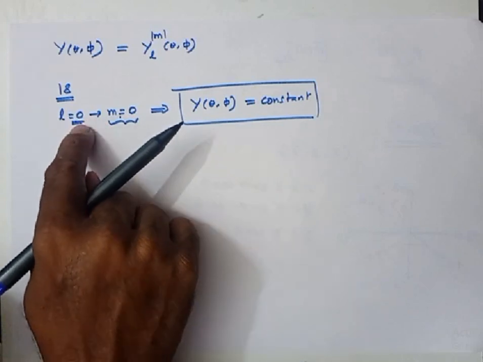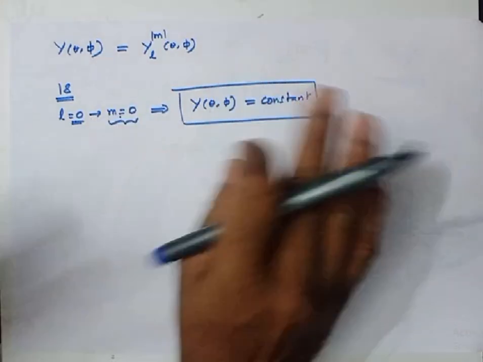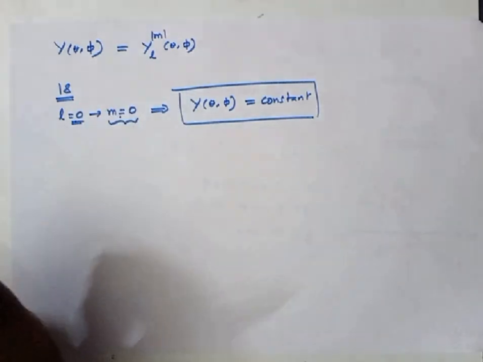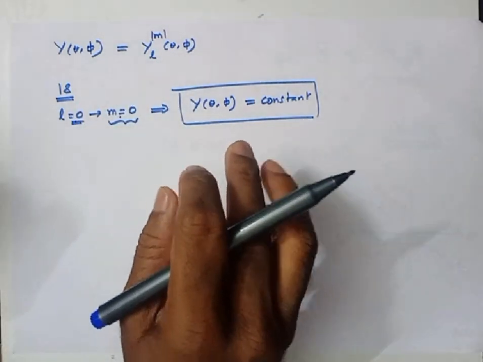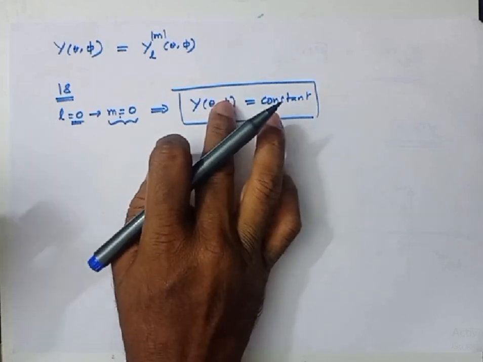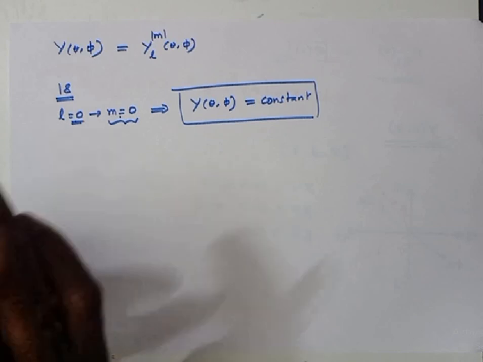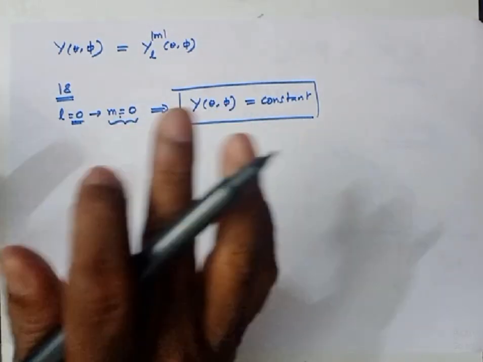Whenever l is 0 and m is 0, the angular part should be constant. Keep this in mind. Not only for the 1s orbital, for any s orbital, the angular part of the wave function is a constant.